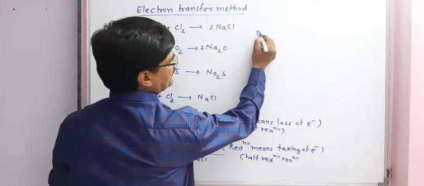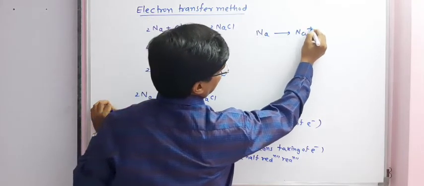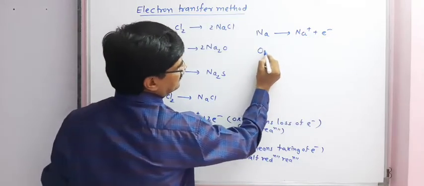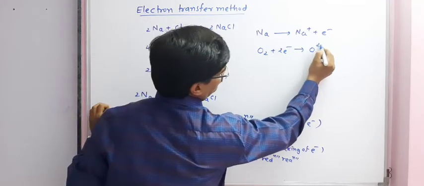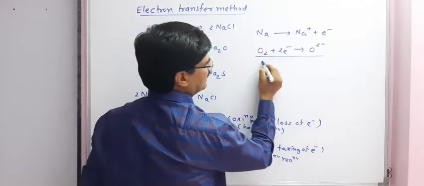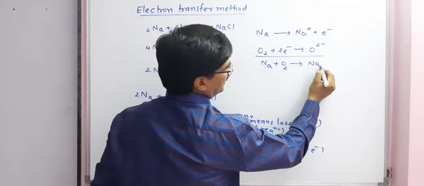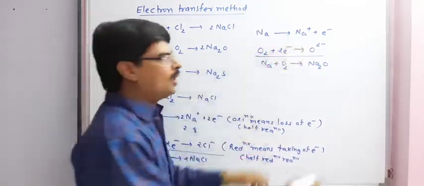Second case, Na again will give Na plus by removing an electron, and oxygen will take 2 electrons and will give O2 minus. So from this we can write Na plus O2 will form Na2O. Na to Na plus is oxidation.